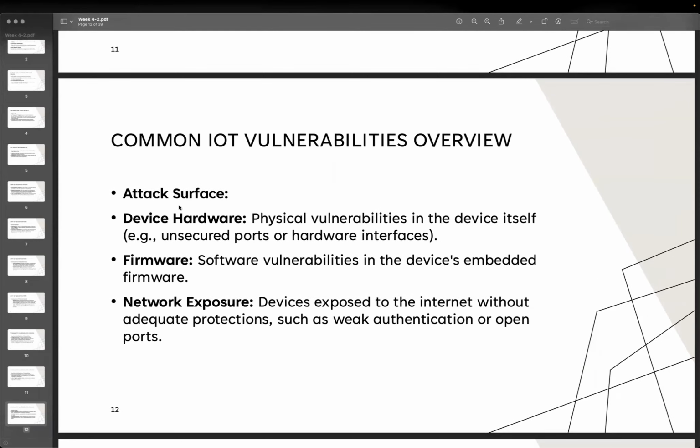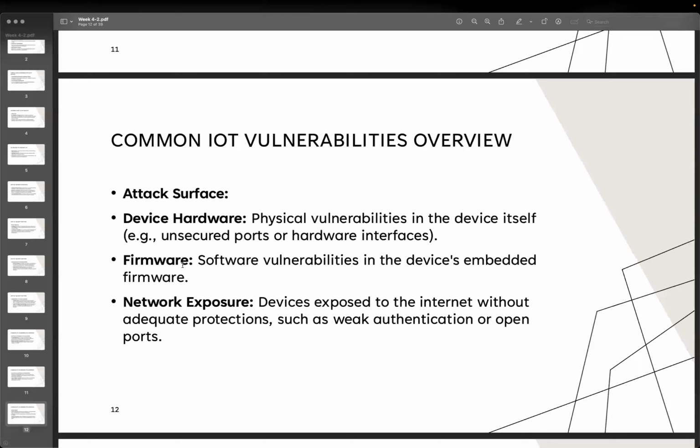And when we talk about the attack surface, there are physical vulnerabilities in the devices themselves, including unsecured ports. When we learn cyber security, we know that each of those ports is a way to let the attacker access the devices, and also some hardware interfaces.